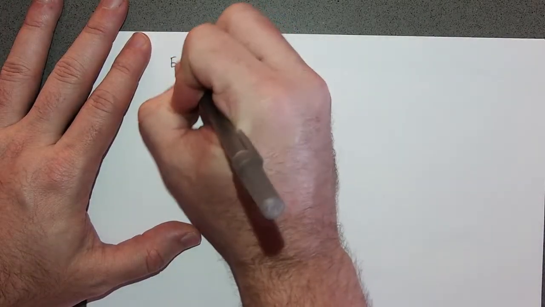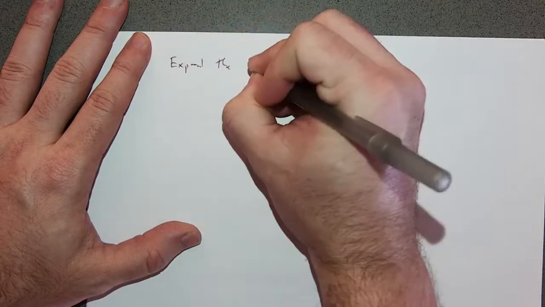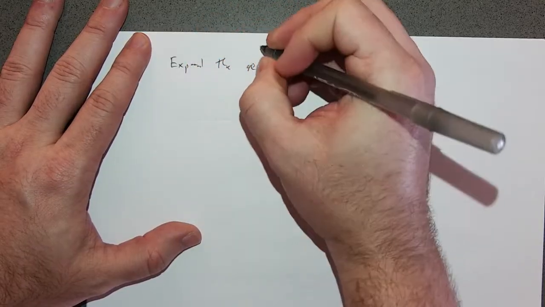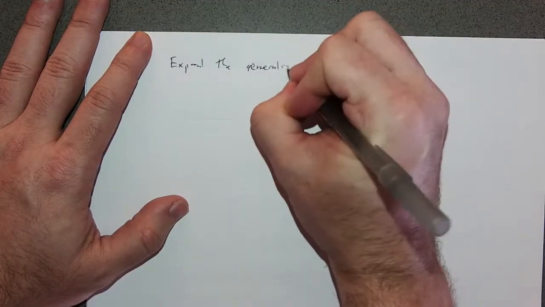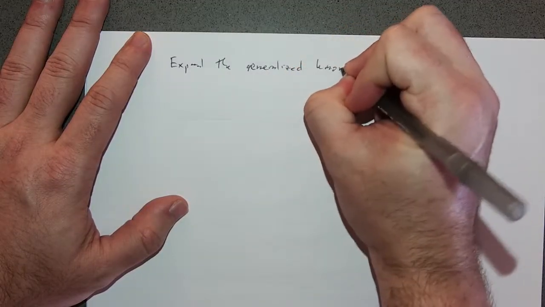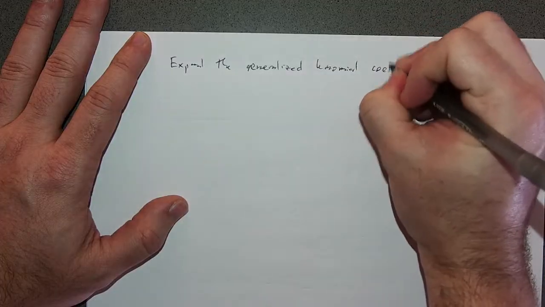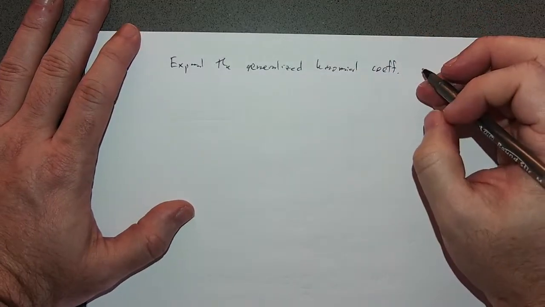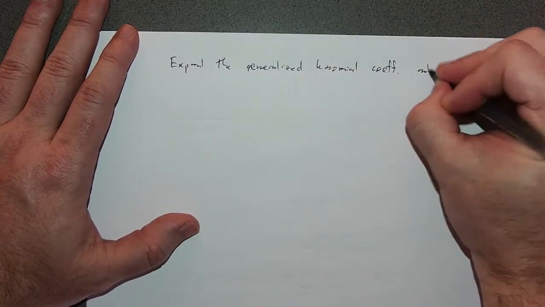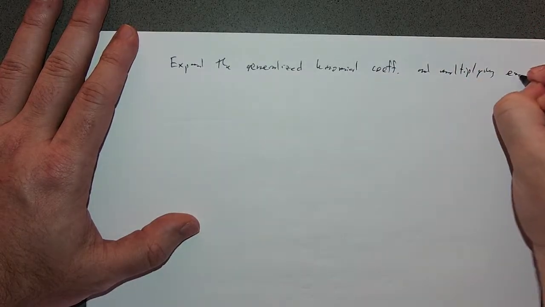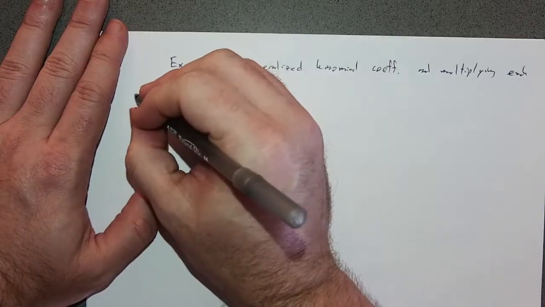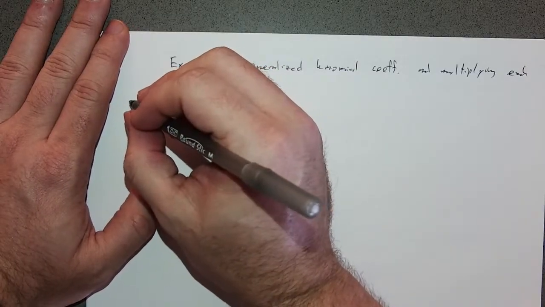So, to do better, okay, let's expand the generalized binomial coefficient. So expand the generalized binomial coefficient that we have and multiply each coefficient, or sorry, each term in the product by 2.